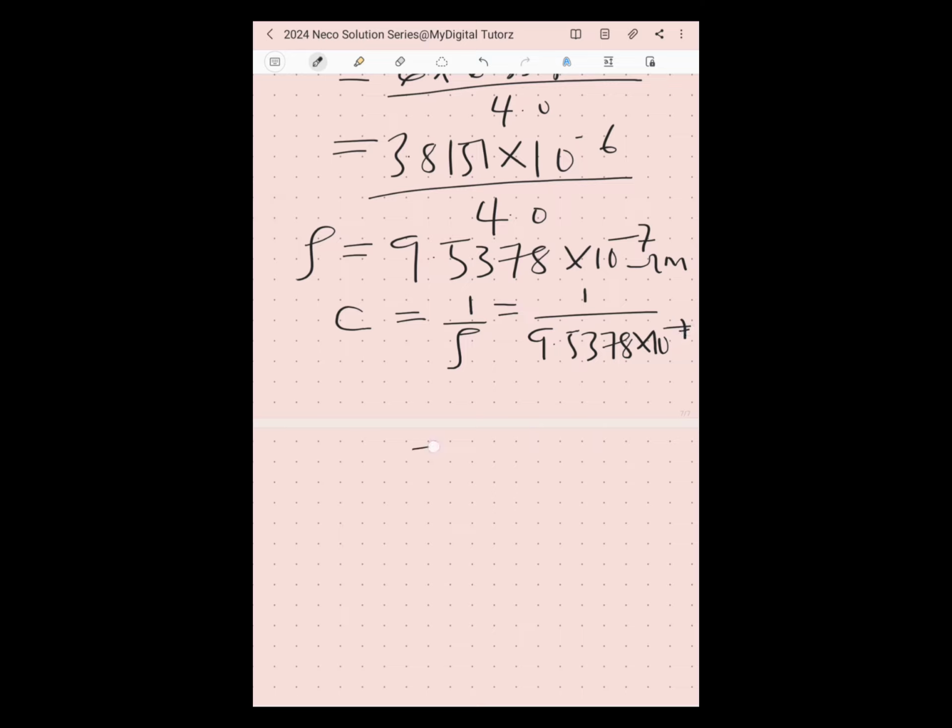When you do the reciprocal, we have 1.048 times 10 raised to power minus 6 per ohm per meter. So that is the answer for question number 8. So resistivity and conductivity are related in this form.